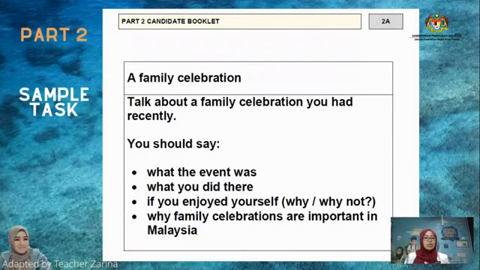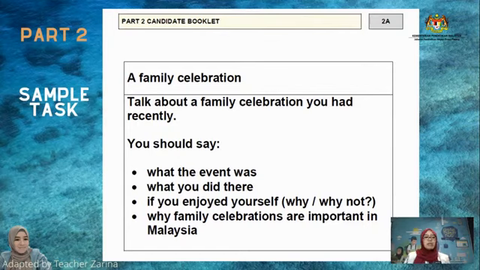So in these 20 seconds, they have to make sure they know what the topic is about, and they can recall, okay, I have to talk about family celebration. What is family celebration? So maybe they do not have any ideas, so they have to ask themselves. Okay, I remember my teacher told me that I have to ask the WH questions to do this activity, because they may not understand the points given below.